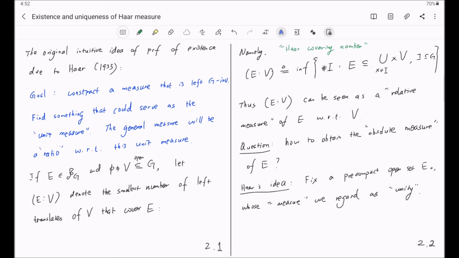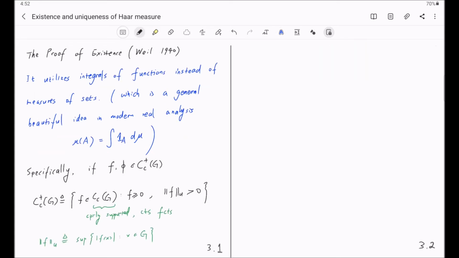And now we will define the Haar covering number for functions as opposed to sets. (f : phi) is defined to be the infimum of the sum of the coefficients c_j from j equals 1 to n, where those coefficients come from here.